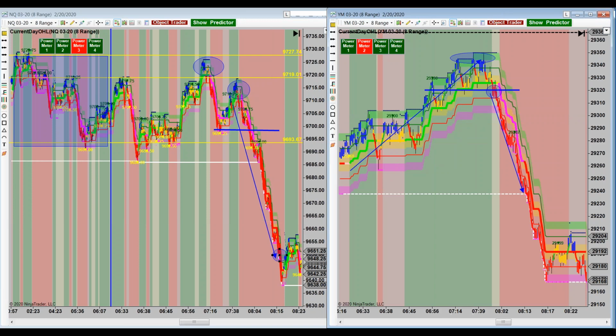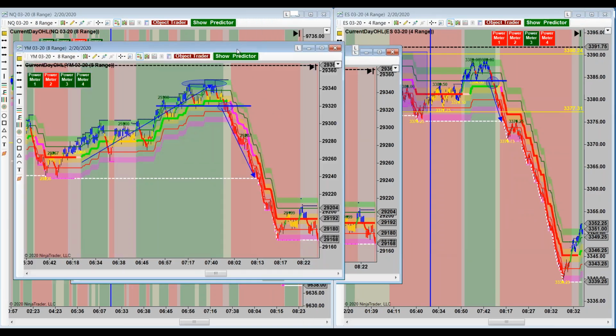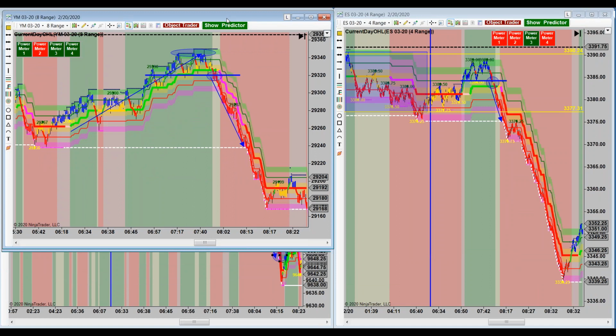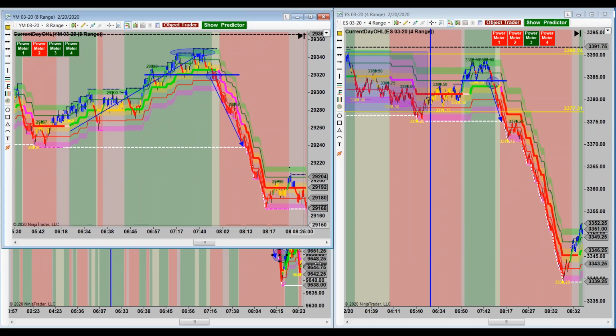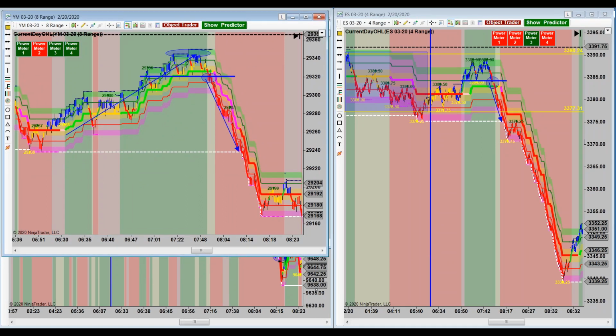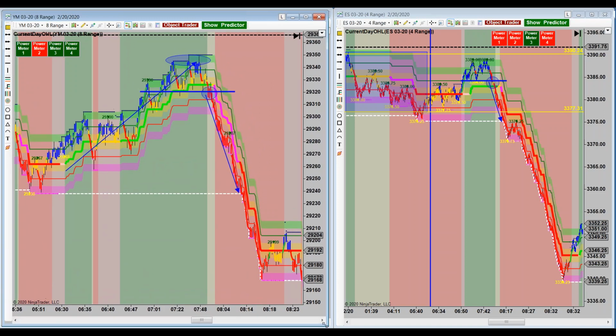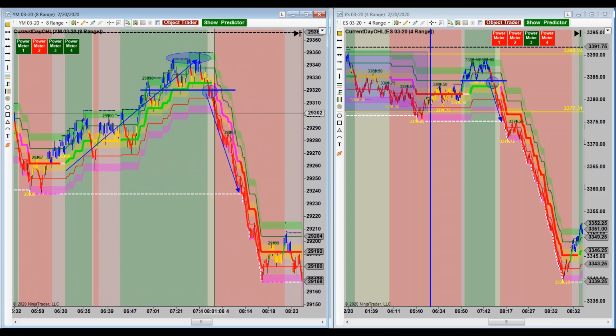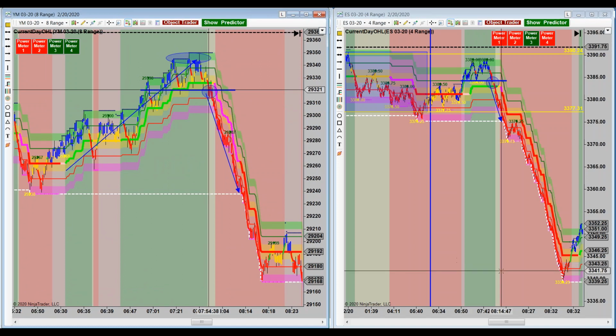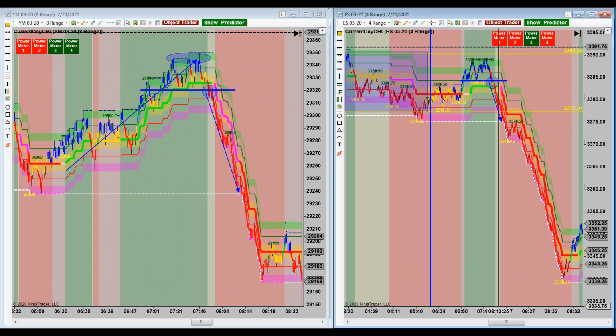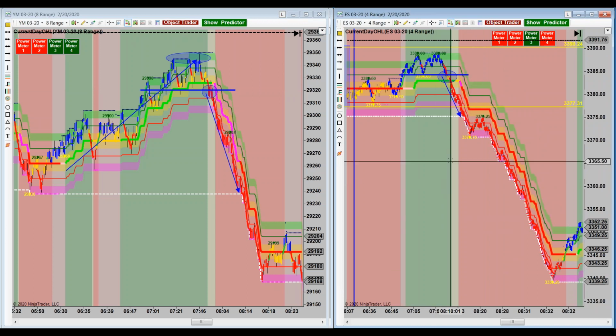Now let's compare this chart to ES and see if you could have used the YM movement as a leadership to your ES short. We saw that break at 754, and let's blow this chart up and see where old Essie was at 754. 754, 56. Yeah, she was still peaking here. See that?